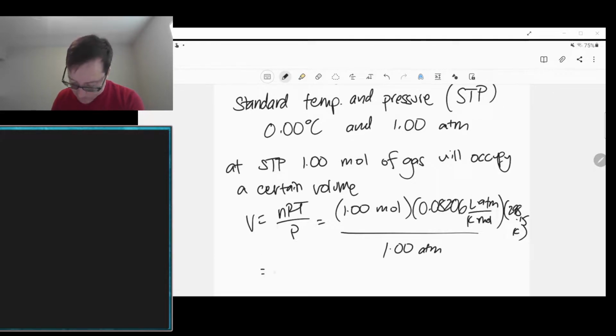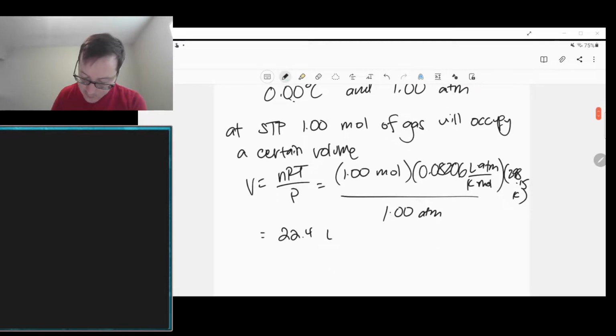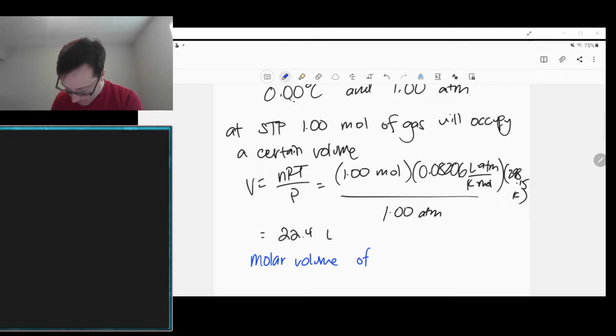We see that if we do this calculation, we get 22.4 liters. And so this is known as the molar volume of a gas at STP.